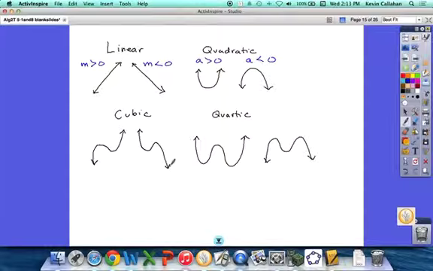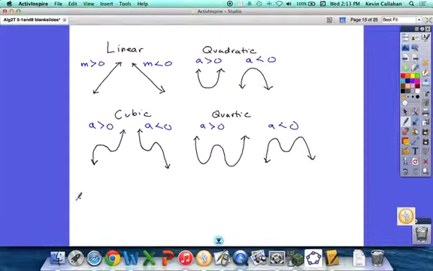And again, it's all based on the first coefficient, the a. In this case, if a is greater than 0, it'll look like this shape. If a is less than 0, it'll look like this. And for a quartic, same thing. A greater than 0 is this, and a less than 0 is that.